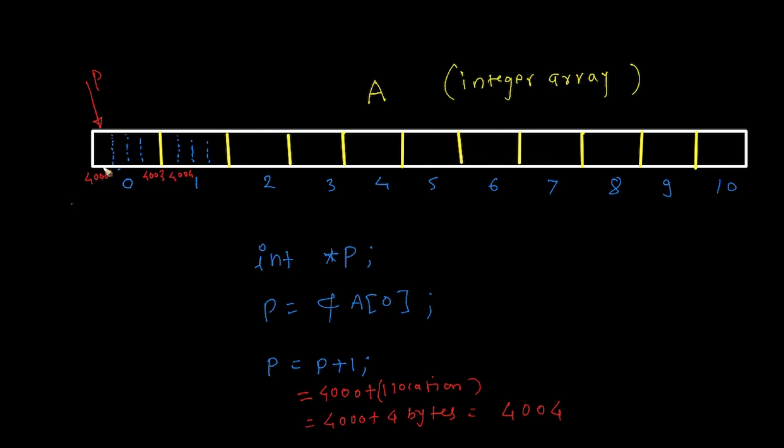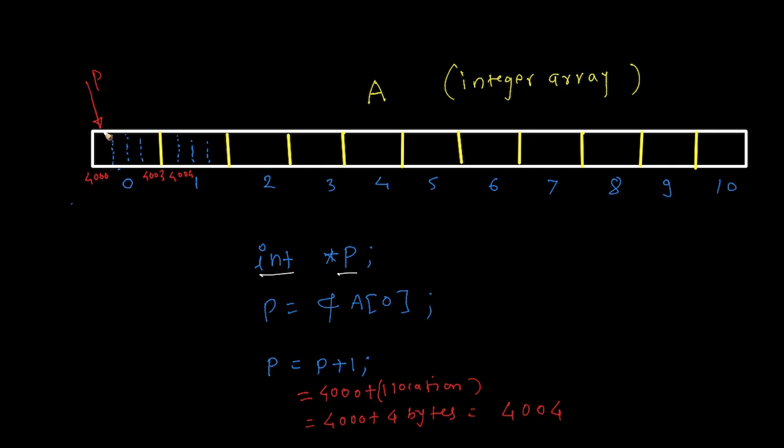Let's say the starting address is 4000. So this location will have 4000, 4001, 4002, 4003. The next location will start at 4004, and so on and so forth. Now let's say we have a pointer p of integer type. It can point to integer type data, and every data here is integer type, so I can store the address of these integers in p.